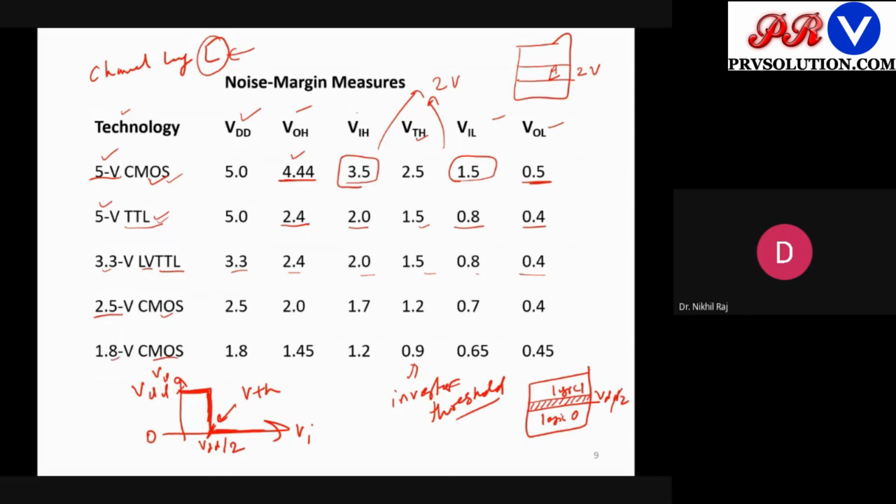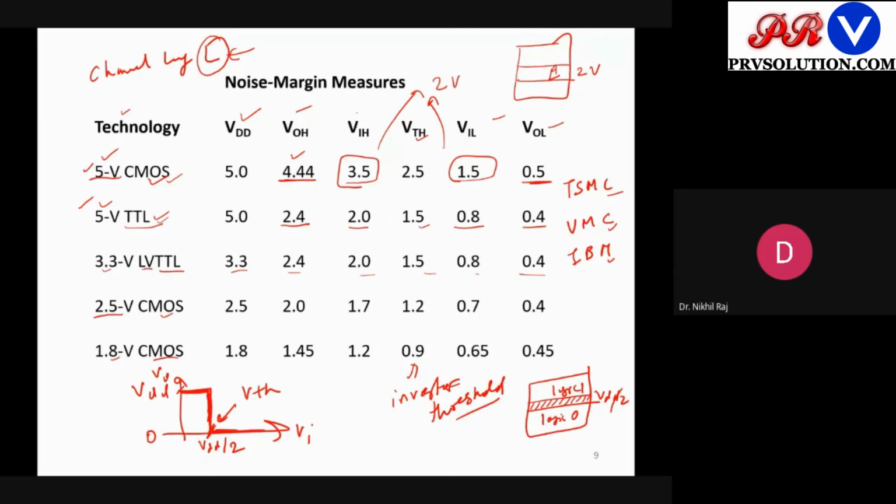Other than CMOS, you will hear the words TSMC, UMC, IBM. These are also technologies. They give their own MOSFETs, and they have their own operating voltage and their own VOL and VOH values. So there are different companies, different fabrications, and you can see different parameters even for the same supply operating voltages.